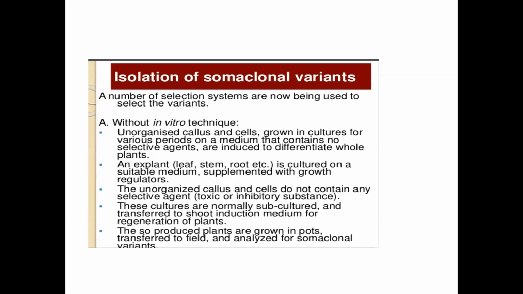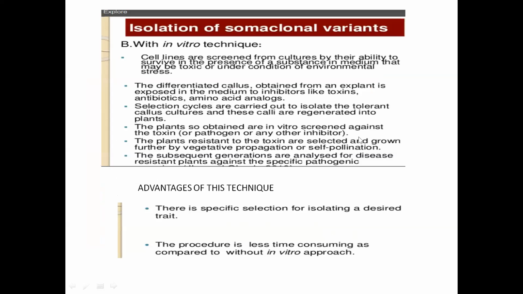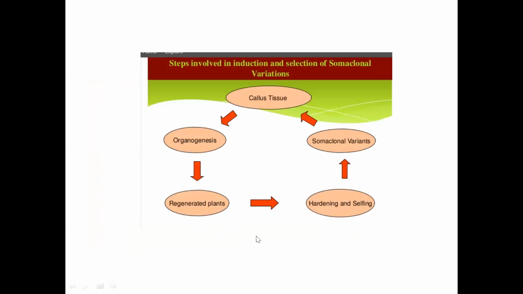Only in the last phase, after the regenerated plantlets are produced, then you are going to test whether it is resistant or sensitive. But in this case, during the whole process itself, you are able to find out which batch of callus is resistant. You can detect it then and there. So the process is less time consuming as compared to the without in vitro approach.